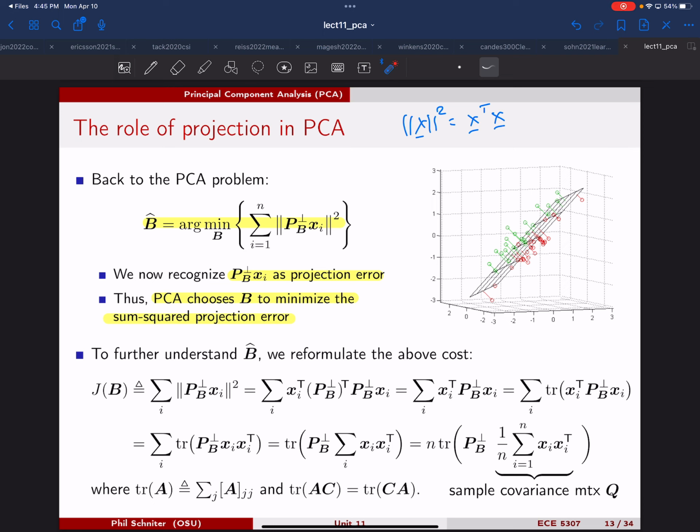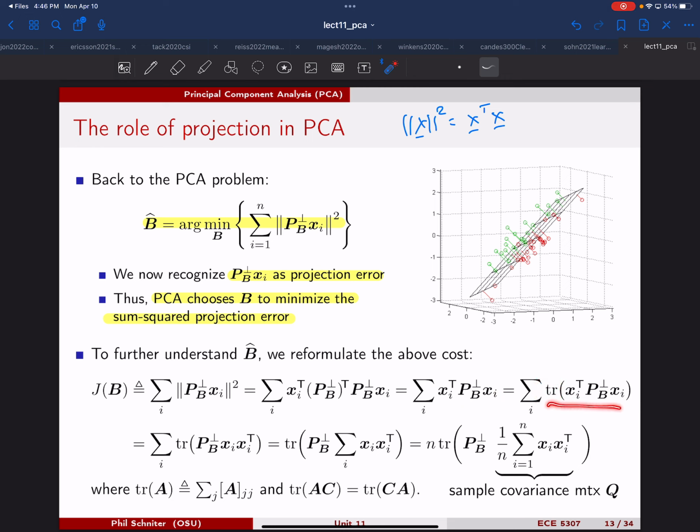Okay, now the trace is a super useful quantity in some cases. This is one of those cases. This is a scalar. The trace is defined if you take a matrix and you want to know the sum of the diagonal components of that matrix, that's the trace. So if this is a scalar, that means the trace does nothing to the scalar, right? Because you can think of it as a 1-by-1 matrix. So we can just take this scalar and put a trace on it because that does nothing.